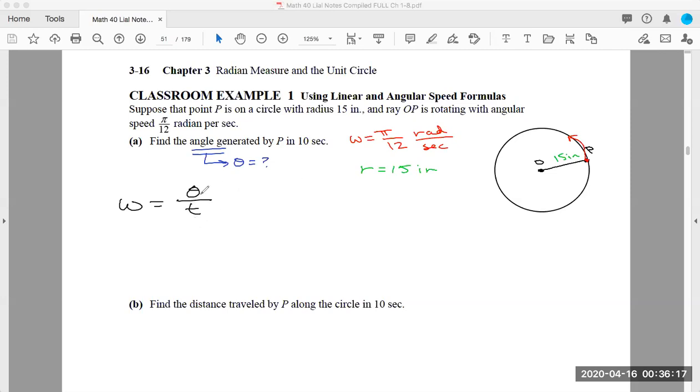If we're looking for theta, and we already have the time here too, then we can manipulate this formula, and omega t equals theta. So theta is equal to omega times t.